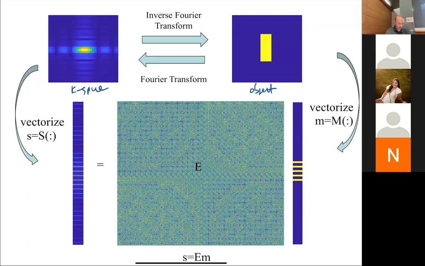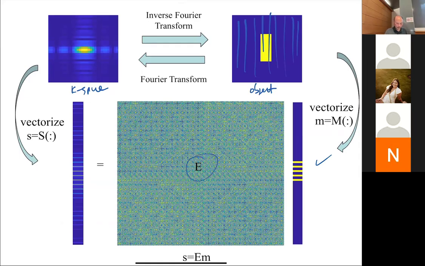So that's what I've done here. I vectorized my image. So here, this is now my image in vector space. Okay. So you can sort of see it looks a little different, but you can imagine why: this is just taking this thing and looking at it column by column by column by column.